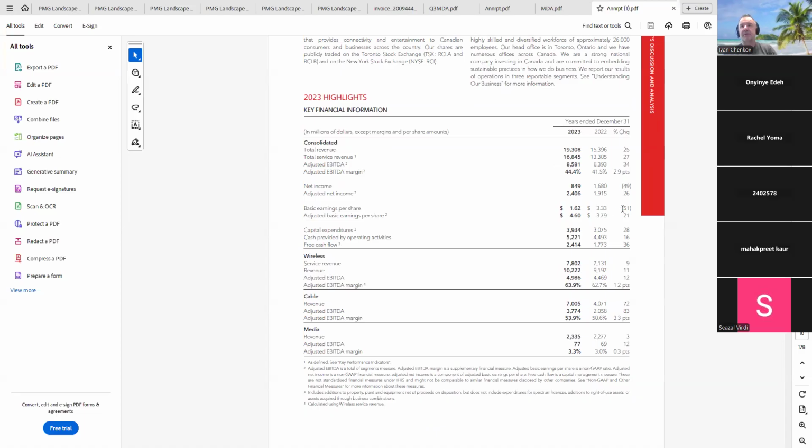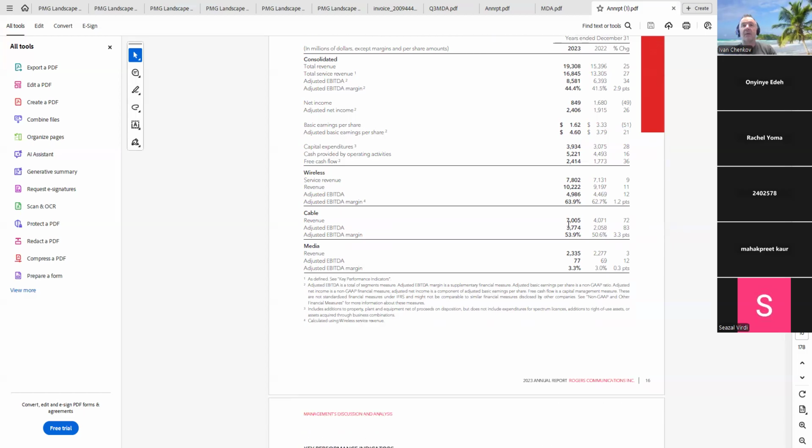Basic earnings per share, right now you can see with $15 billion revenue, your earnings per share is 50% higher than with $19 billion revenue.